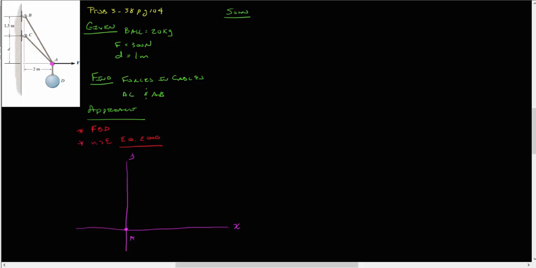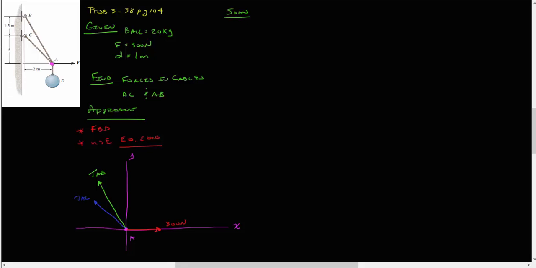So I'm going to have a force of 300 newtons, and then AB coming up here like this, so I'll call this tension AB, and then we'll put this one blue, and we'll call this tension in AC.